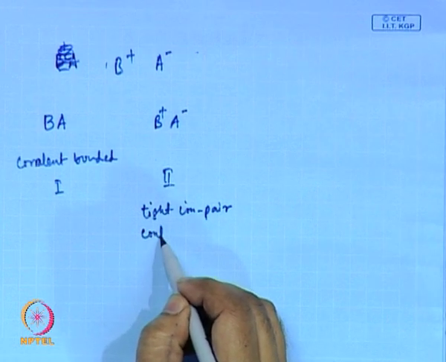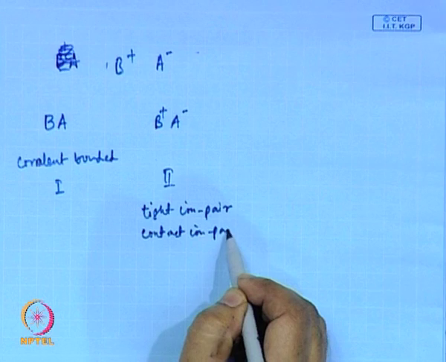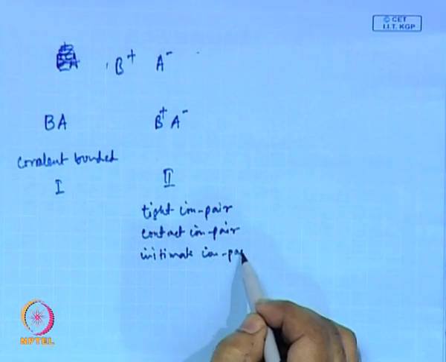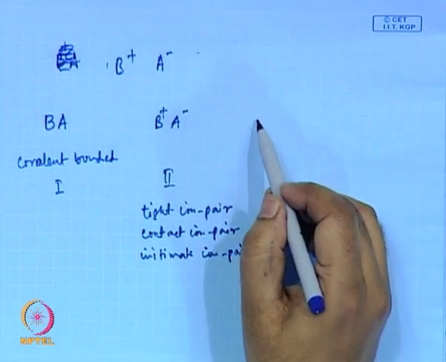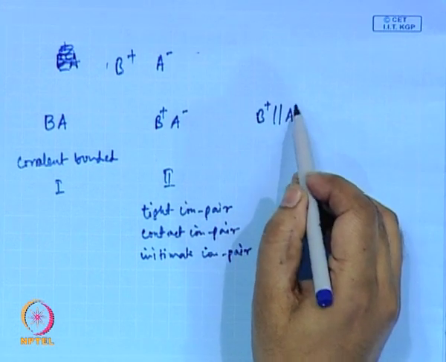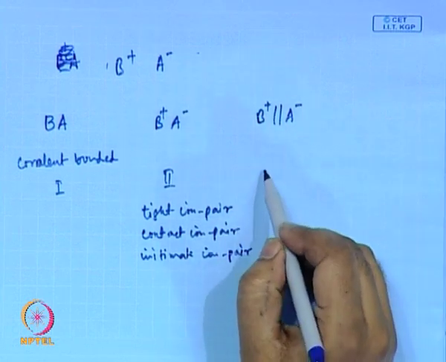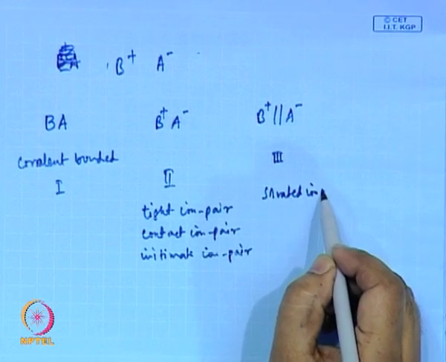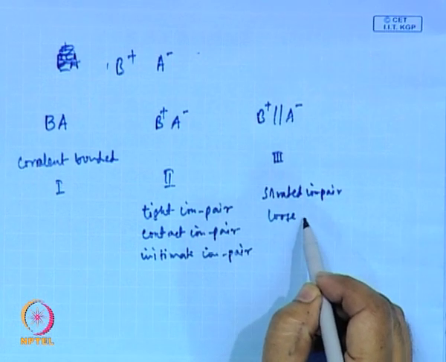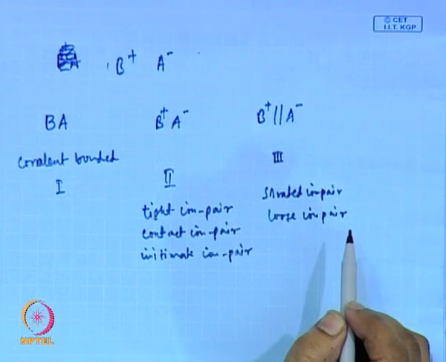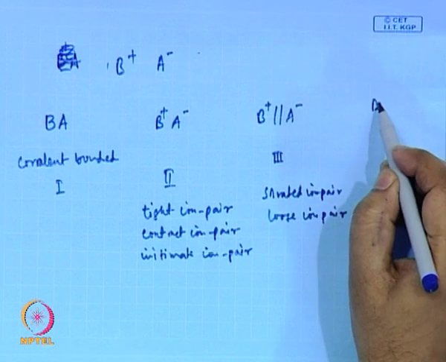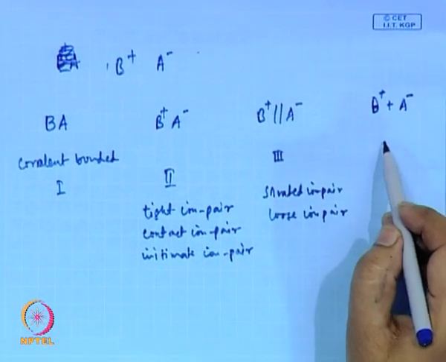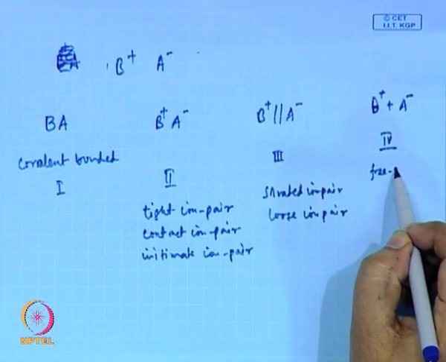It is sometimes called a contact ion pair, or some people say intimate ion pair; the same thing is called by different names. Three, it can be present as a solvated ion pair, or loose ion pair. Or they can be a totally free ion pair.